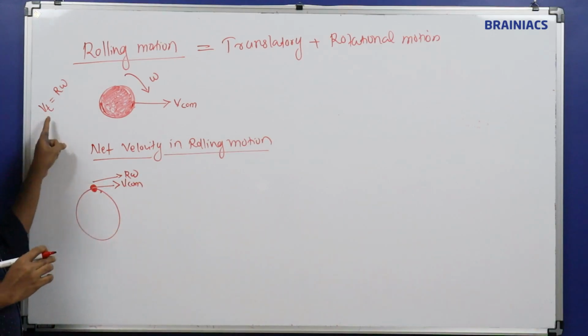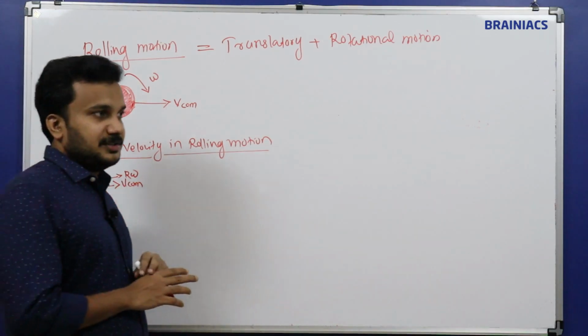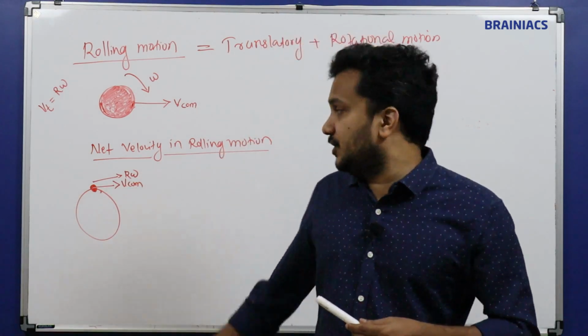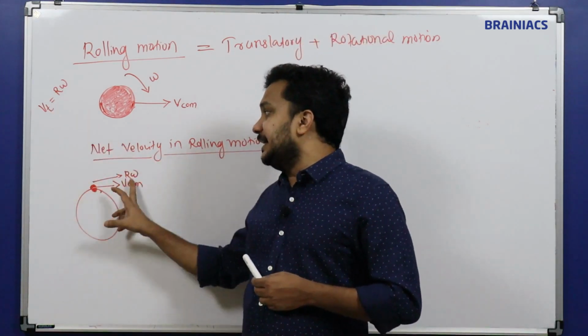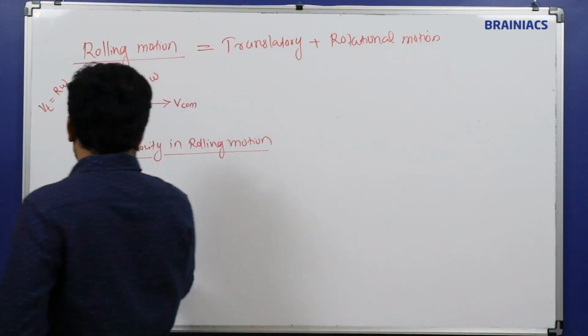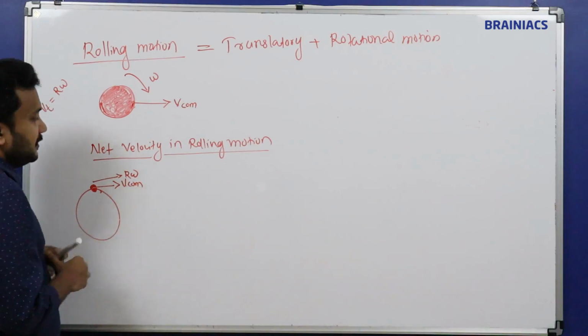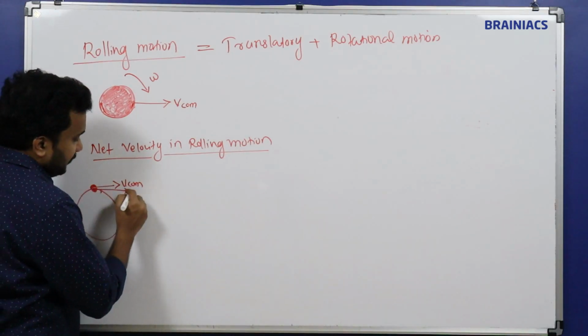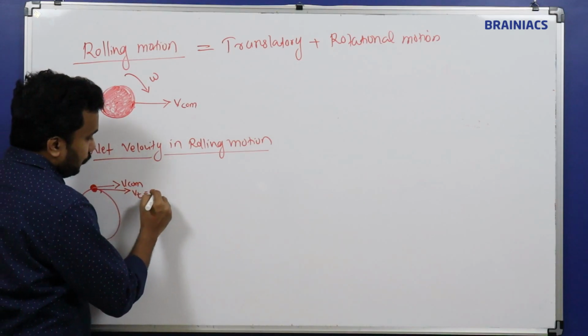So R omega is Vt. There are two velocities. Omega will give rise to a velocity called Vt, and Vt is equal to R omega, a tangential velocity at this point. So two velocities will be in the same direction. Instead of marking over here, I will mark like this. This is called Vt, which is equal to R omega.